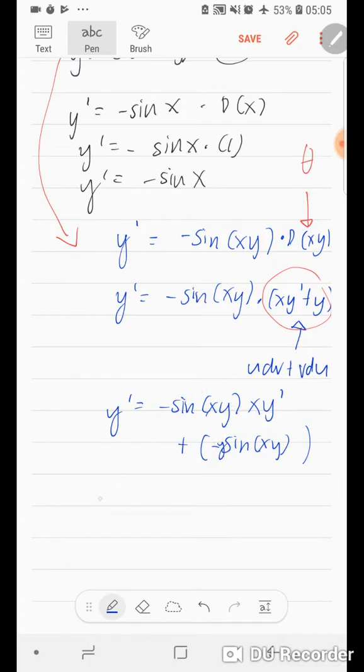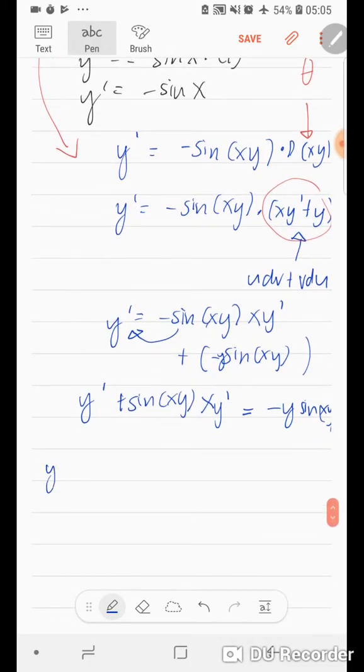So let's transpose this term here because we want to get rid of y prime, so plus sine xy times x y prime equivalent to negative y sine xy.